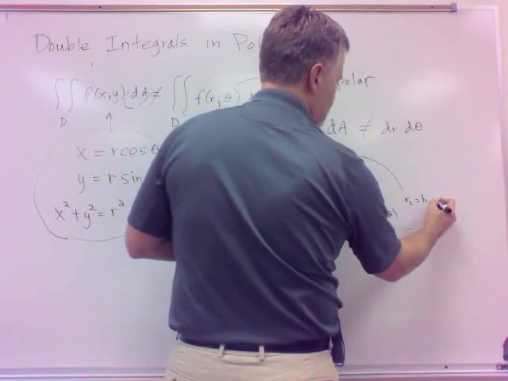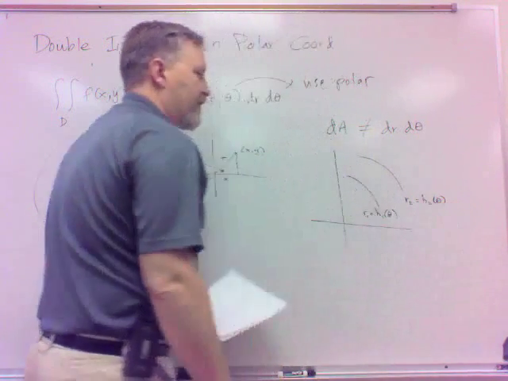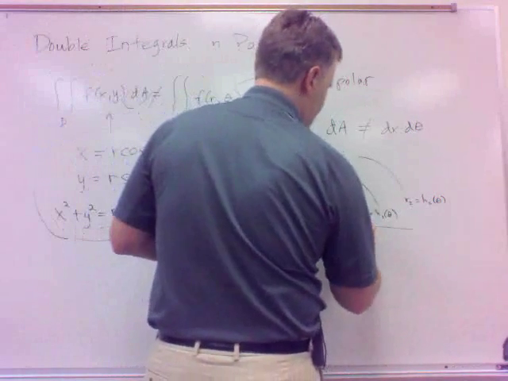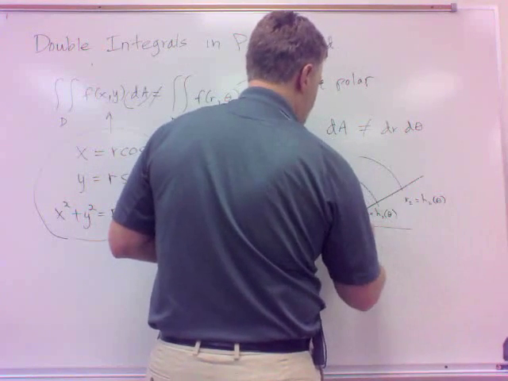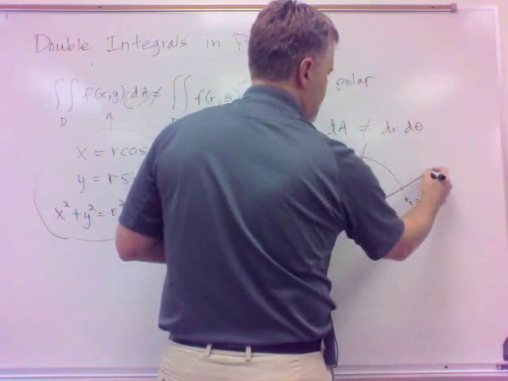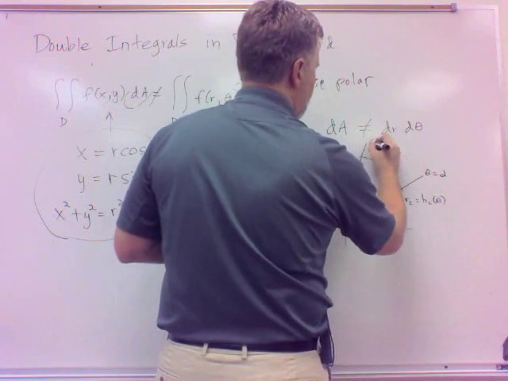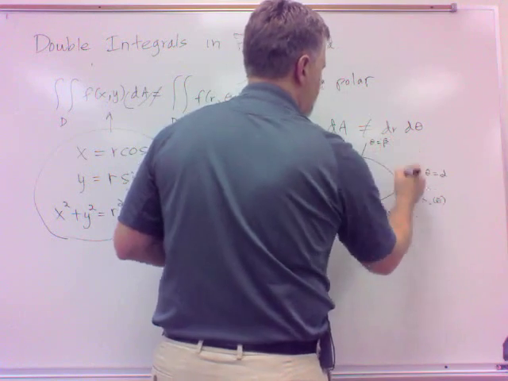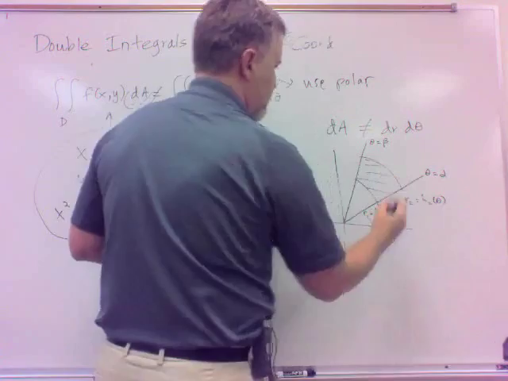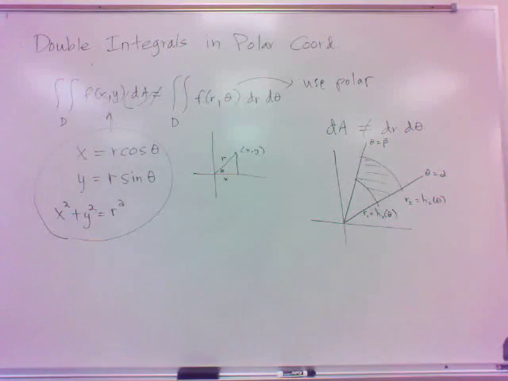So we've got r's in terms of thetas for our nice little functions there. So anyway, if we go from theta equals alpha to beta, we're talking about this region in here.